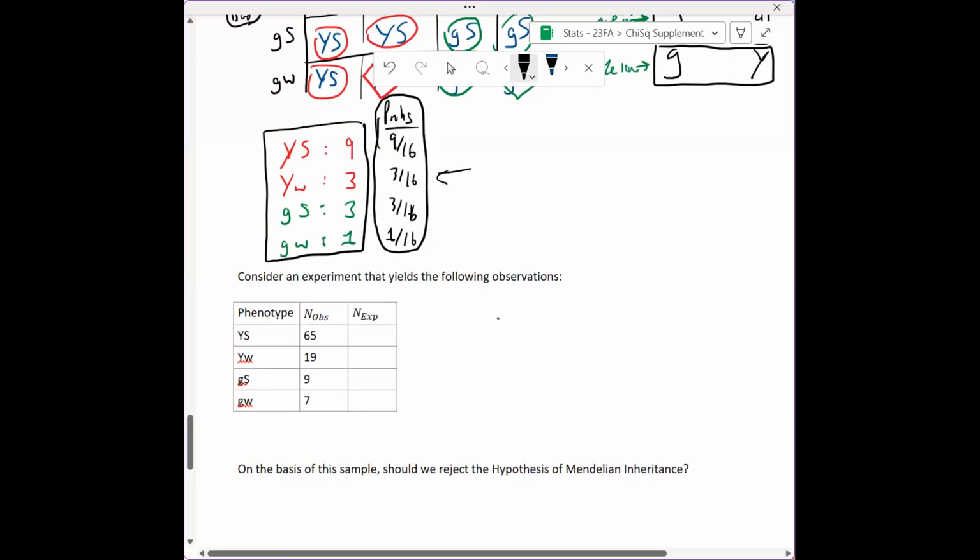Okay, so what do we do here? How do we do this calculation? Well, the first thing we need to know is what is our total number of plants? So we have 65 plus 19 plus 9 plus 7 gives me 100. So I have a total of 100 plants that I observed and that I actually got these phenotype data for.